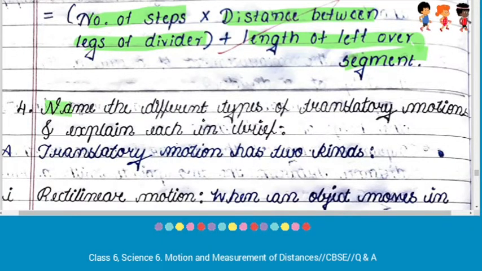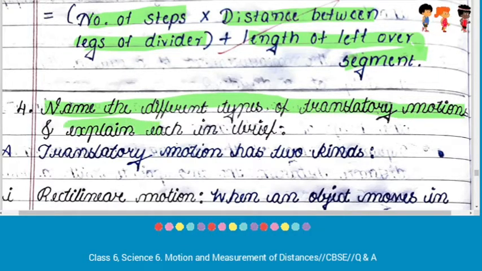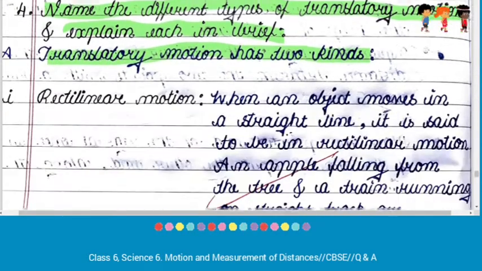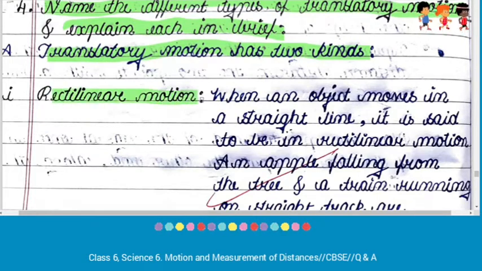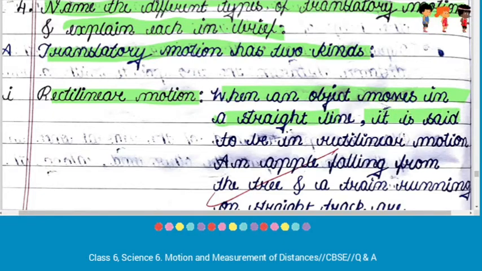Fourth question, name the different types of translatory motion and explain each in brief. Translatory motion has two kinds. Rectilinear motion, that is when an object moves in a straight line, it is said to be in rectilinear motion.